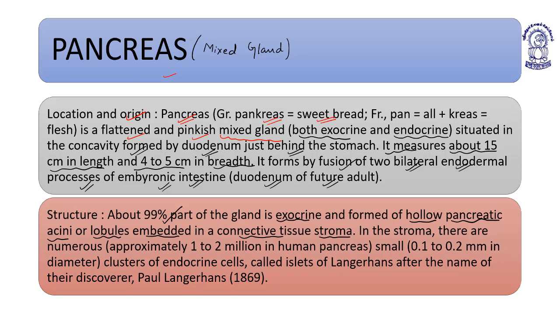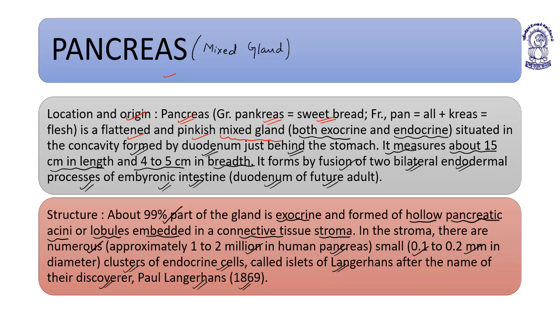In the stroma, there are numerous cell clusters, approximately 1 to 2 million in the human pancreas, and they are small, 0.1 to 0.2 millimeters in diameter. These clusters of endocrine cells are called islets of Langerhans, after the name of the discoverer Paul Langerhans in 1869.